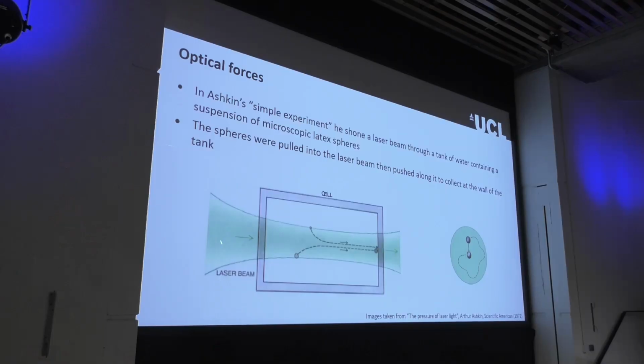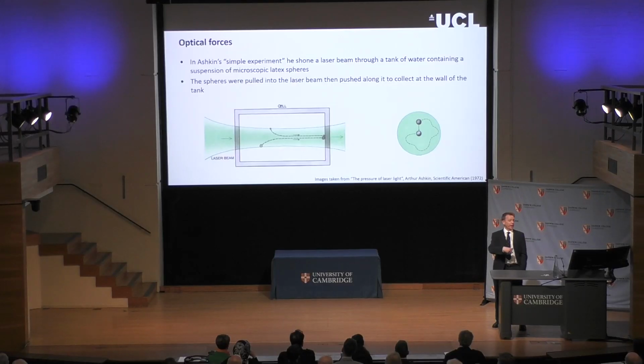And he shone a laser beam through them, expecting to see that particles would be pushed along the direction of the laser beam. Now, doing this in water and with transparent particles helps to reduce the effects of heat and confounding thermometric, radiometric forces. Okay? So he could be fairly sure that what he saw would be due to light and light pressure.